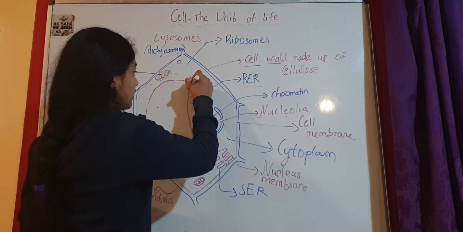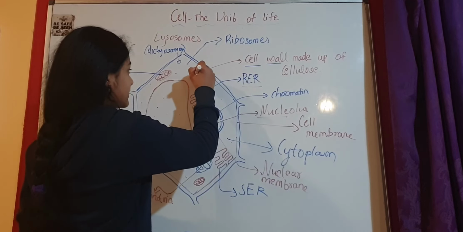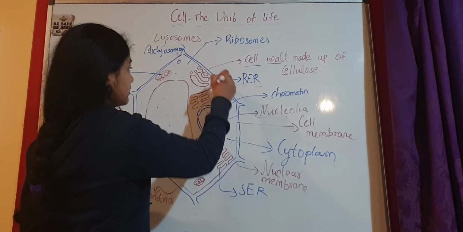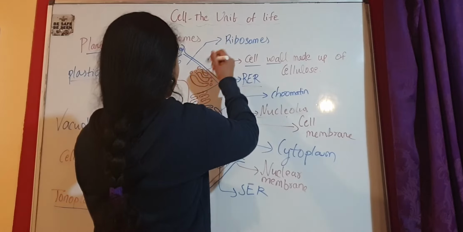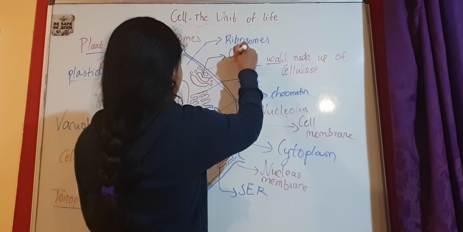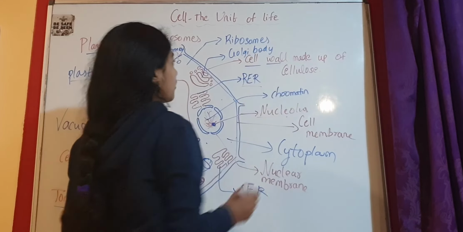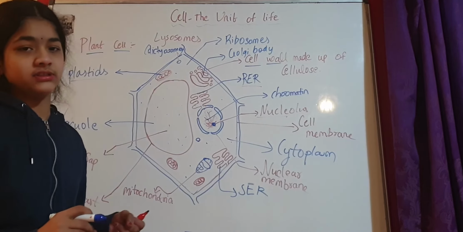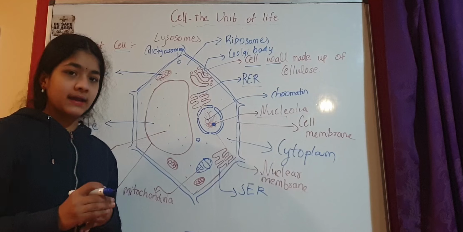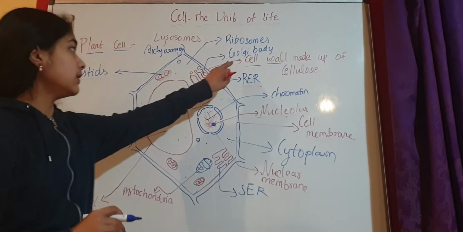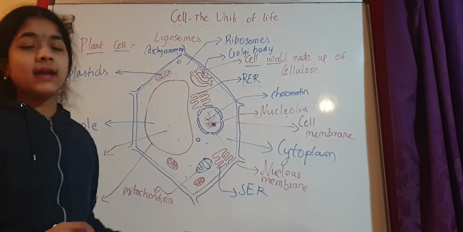It's also present in animal cells, and those are called Golgi bodies. So these are the Golgi bodies. We'll label it here. Golgi body has got many names. We can call it Golgi body, Golgi apparatus, Golgi complex, or Dalton's complex. Anything is the same. Golgi body was discovered by Camillo Golgi.